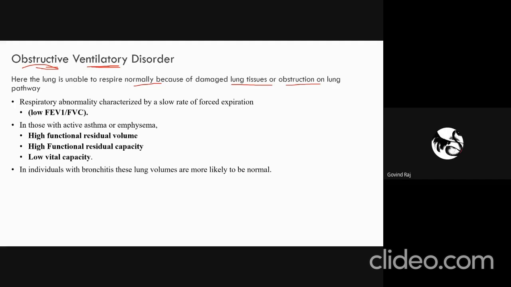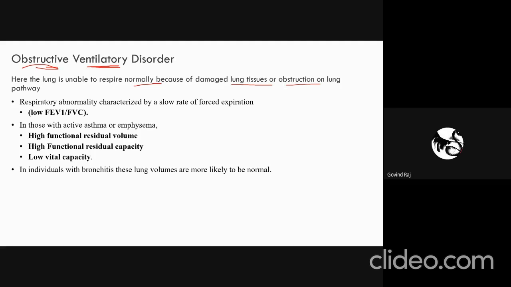So proper respiration is not taking place because something is obstructing the pathway, or because of some tissue damage, proper functioning is not taking place. That's the idea of obstructive ventilatory disorder.